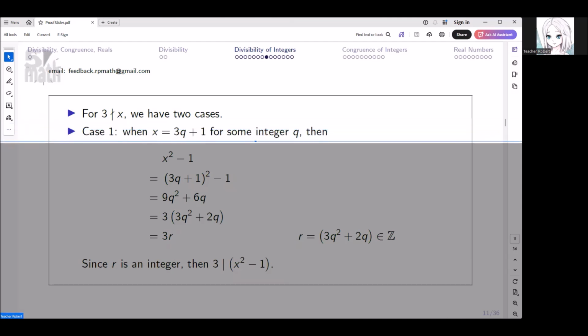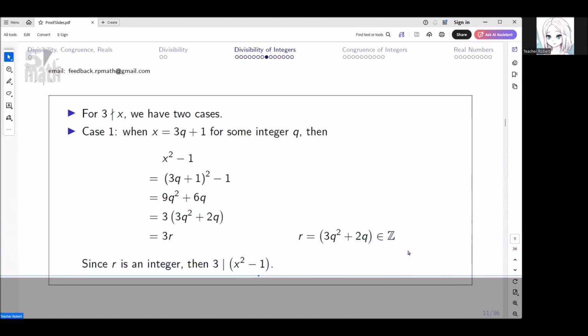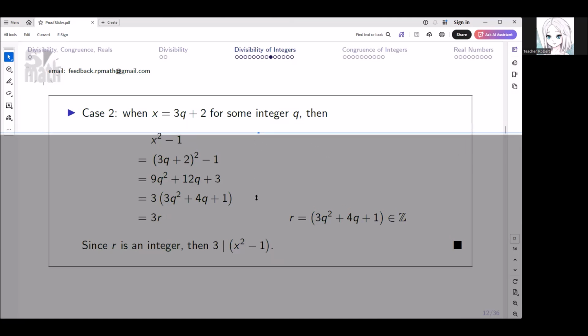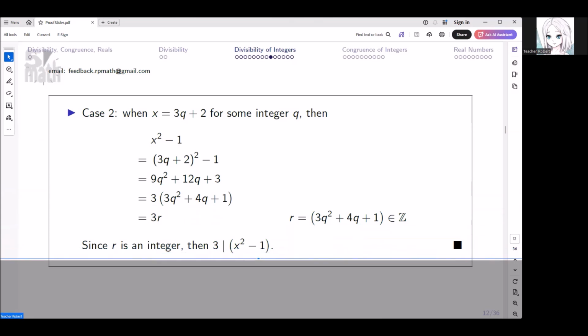When x equals 3q plus 1 for some integer q, then we have the following. Since q is an integer, then 3 divides x squared minus 1. Case 2. When x equals 3q plus 2 for some integer q, then we have the following. Since q is an integer, then 3 divides x squared minus 1.